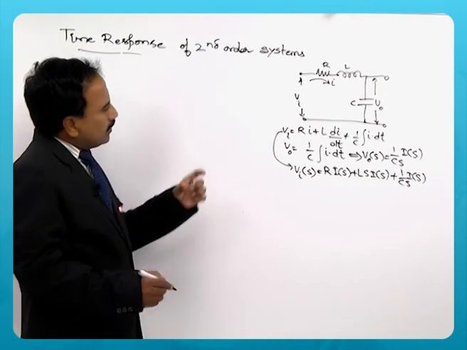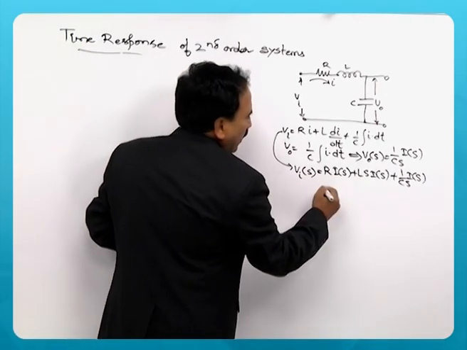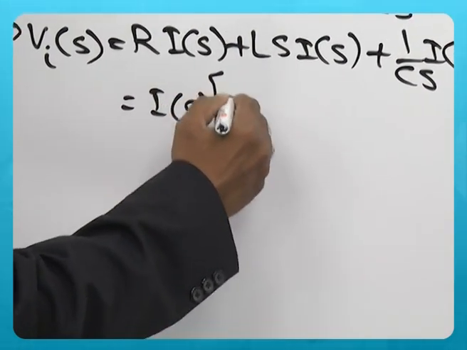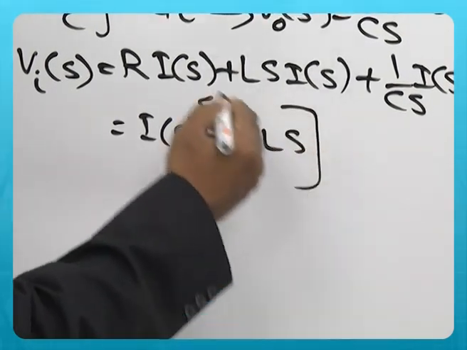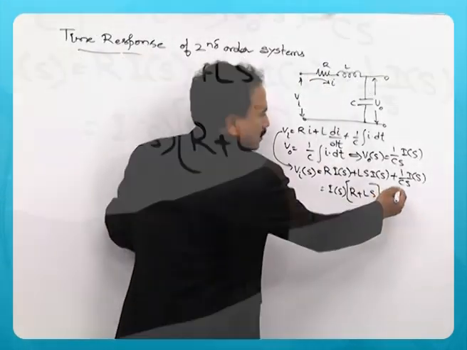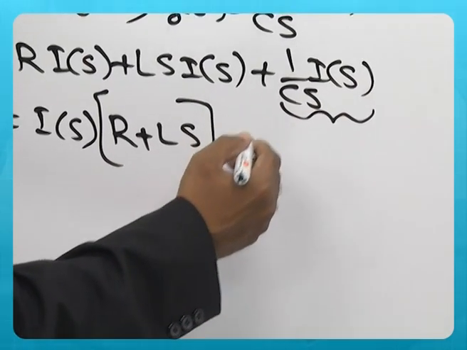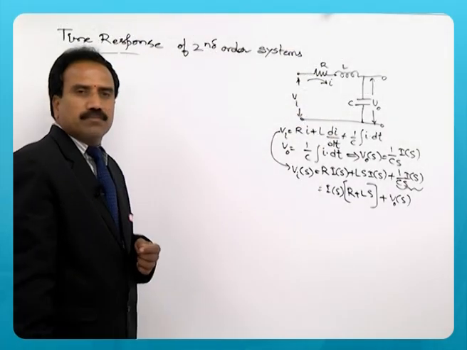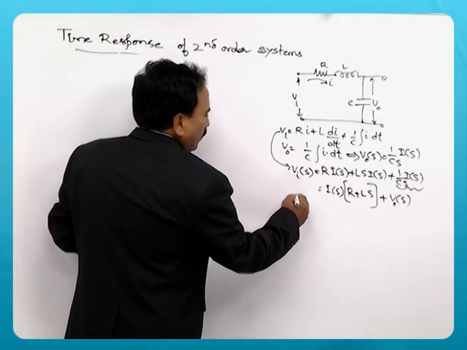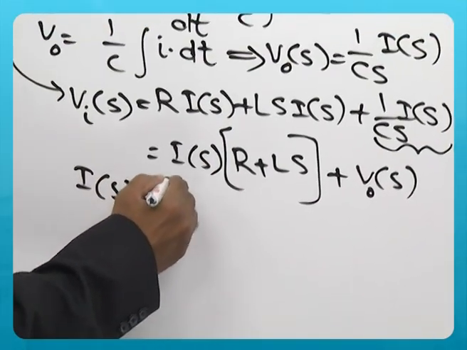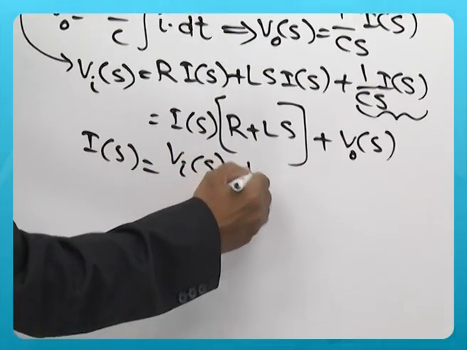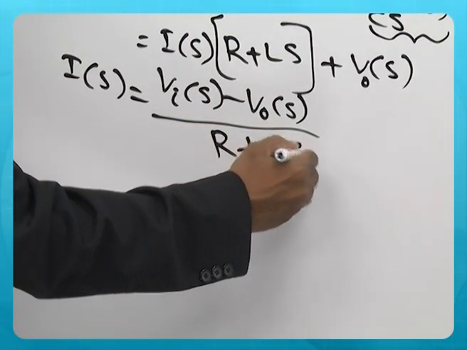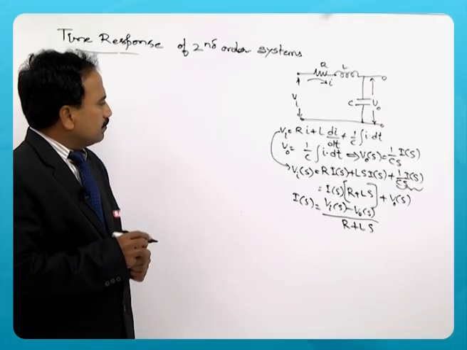Now, I can rewrite this equation as I of S into R plus Ls, only first two components, and this third component 1 by Cs I of S is output voltage V0 of S. So, if I want to get now I of S, it is Vi of S minus V0 of S by R plus Ls.